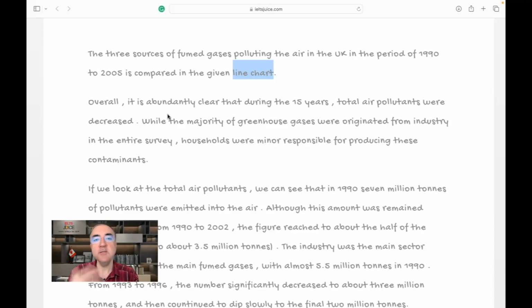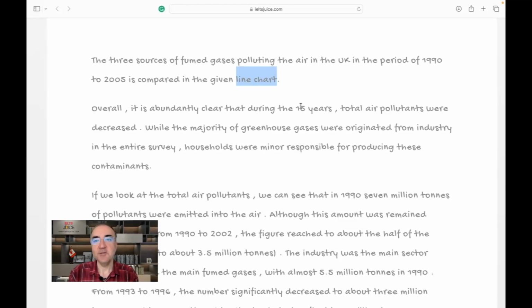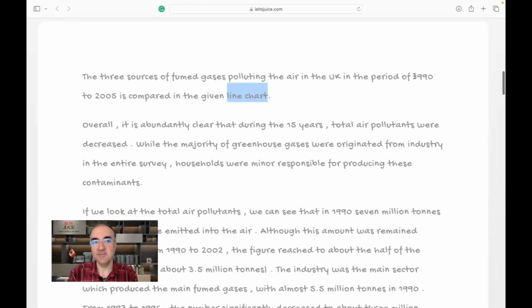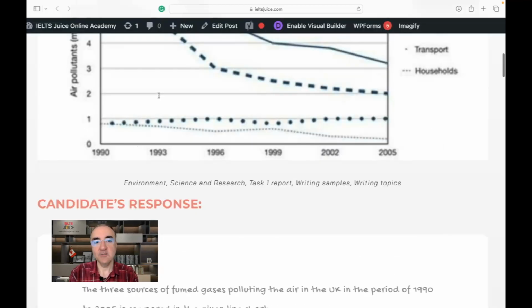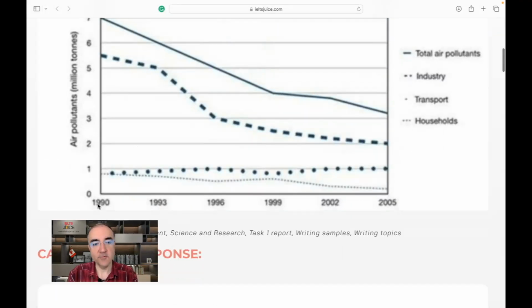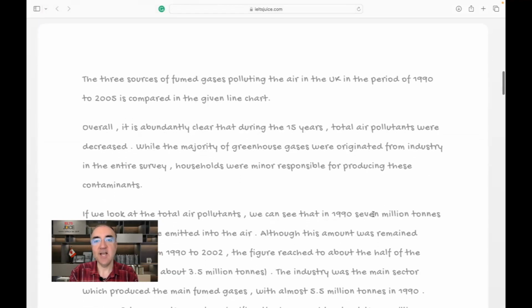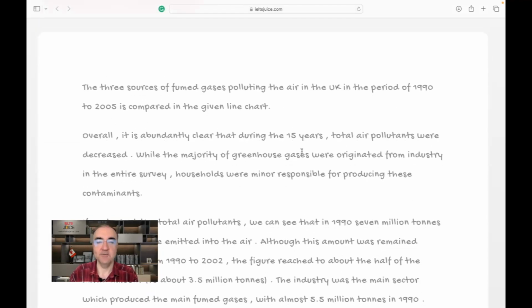Overall, it is abundantly clear, beautiful word, beautiful structure, that during the 15 years, okay, something funny, guys, look at the years 1990 to 2005, and if you also look at the chart, you see we have data for 1990, and we have data for 2005, right? So if you go ahead and calculate, it actually is 16 years, not 15 years.